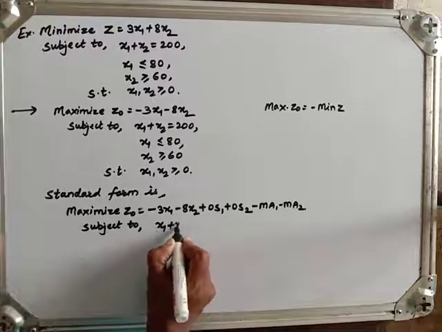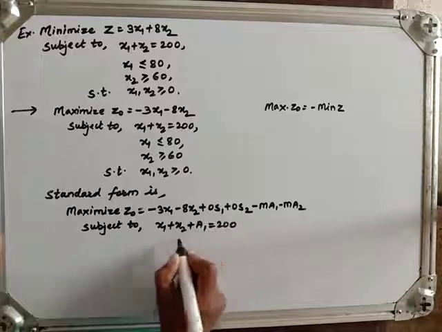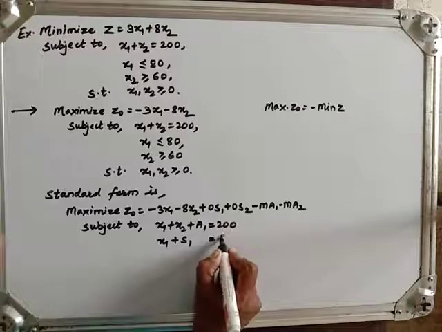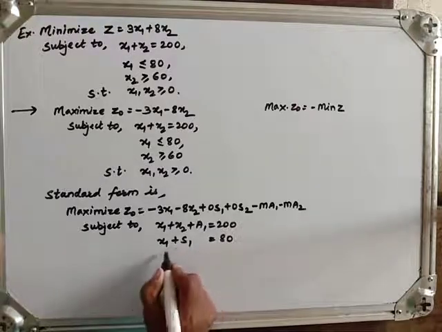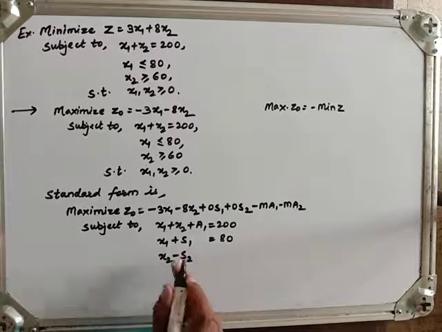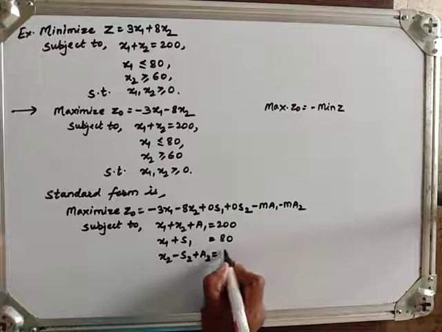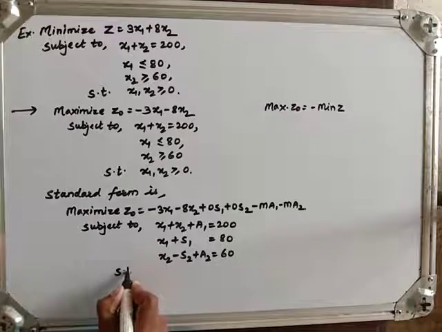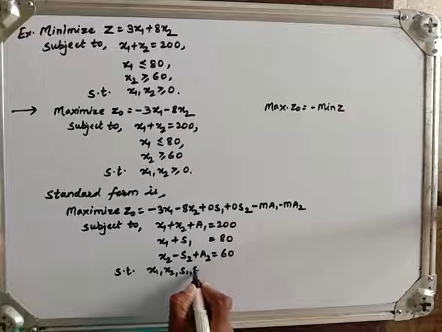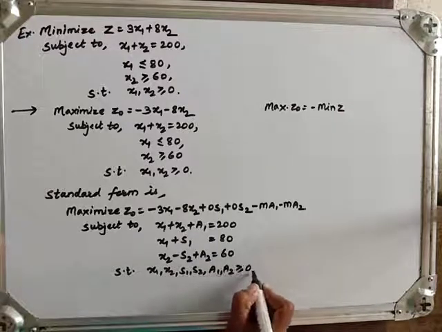x1 + x2 + a1 = 200, x1 + s1 = 80, here s1 is a slack variable, x2 - s2, it is a surplus variable for the greater-equal type constraint, + a2 = 60, such that x1, x2, s1, s2 and a1, a2 are ≥ 0.